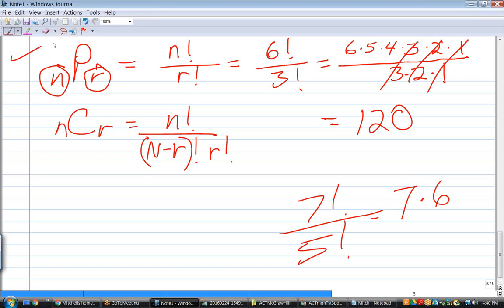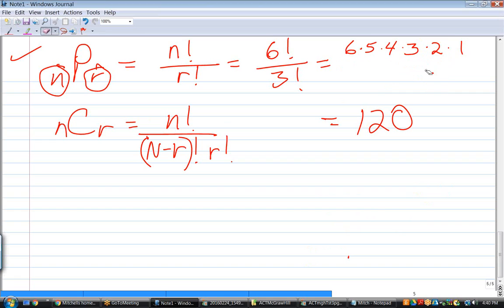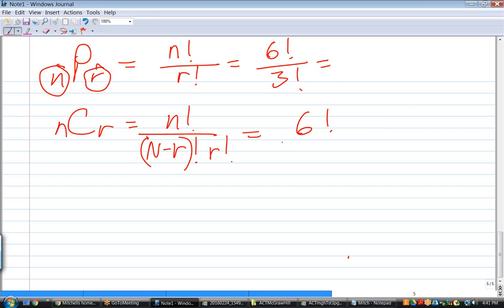Now, if the question, let's just talk about this because they said order doesn't matter, or rather we were able to figure out that order matters. Well, if I was talking about a problem where order didn't matter, then I would use the choose one, and I would have 6 factorial in the numerator. In the denominator, n minus 3 is a 3 factorial, and there's 2 3 factorials in the denominator.